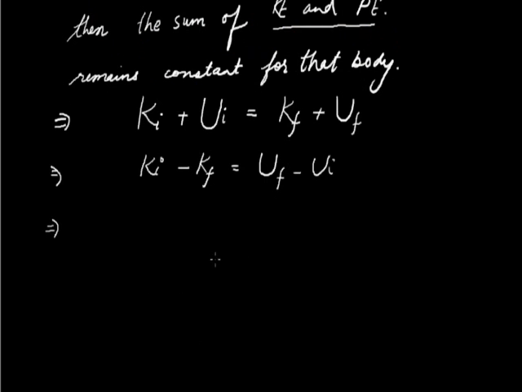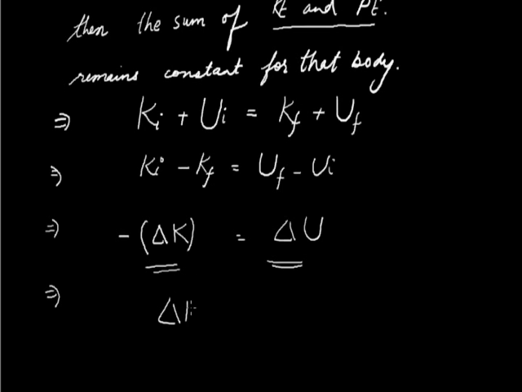Now, for the right hand side, we can see that this is the change in the potential energy. But here, it is the negative of the change of kinetic energy, as the change is considered to be the final value minus initial value. What we see is that the increment in the potential energy comes with the decrement in the kinetic energy, or we can say the increment in the kinetic energy shows itself in the decrement of the potential energy.